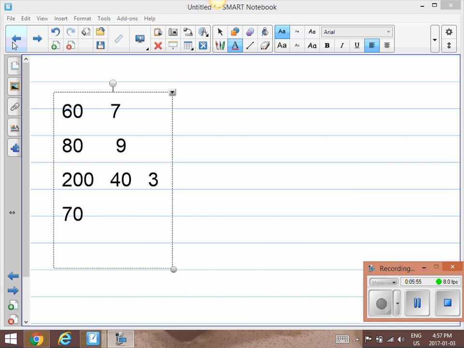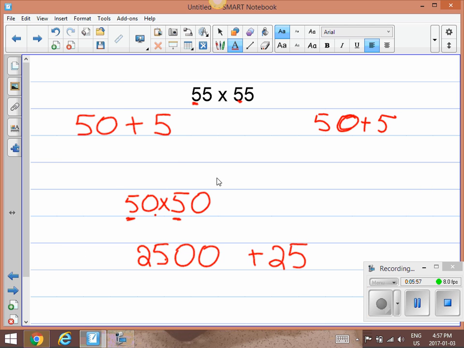So let's look back at this 55 times 55. What we would consider this to be is an estimate. So our estimate would be that 55 times 55 is at least 2,525.